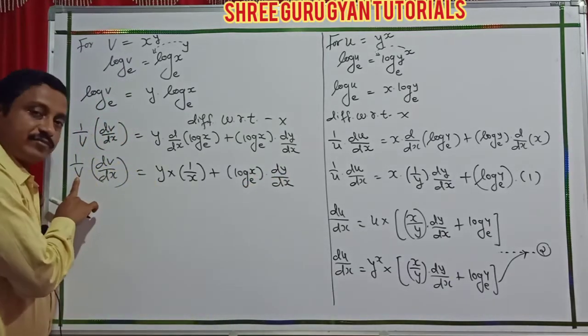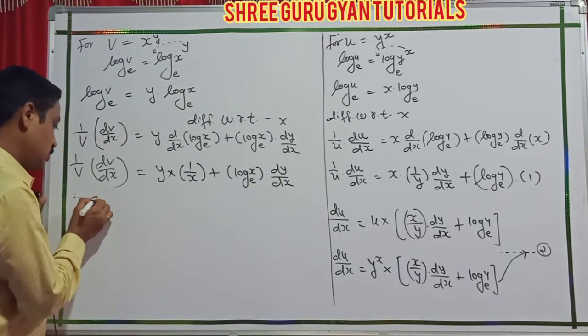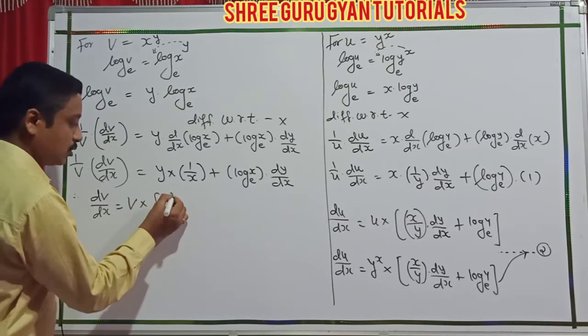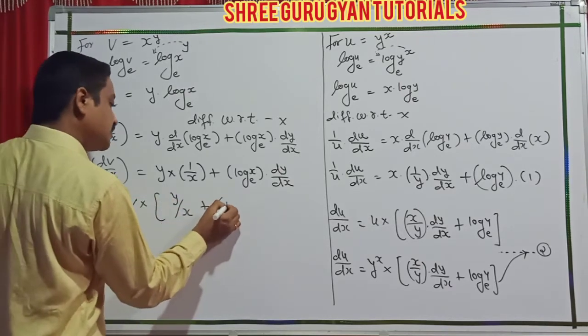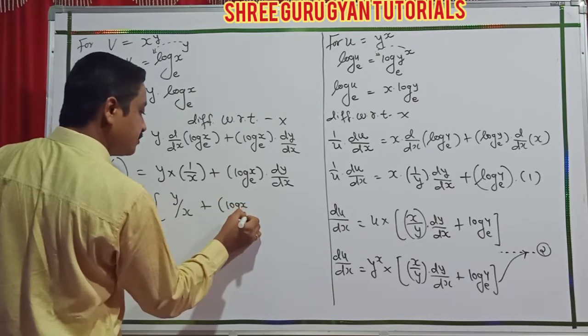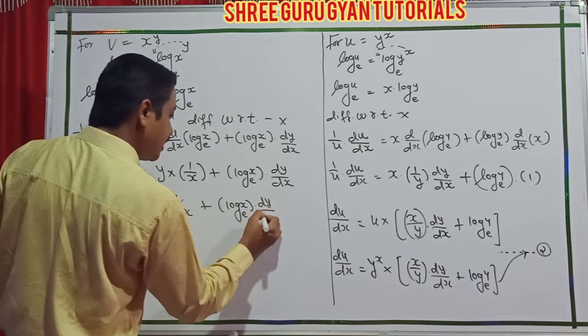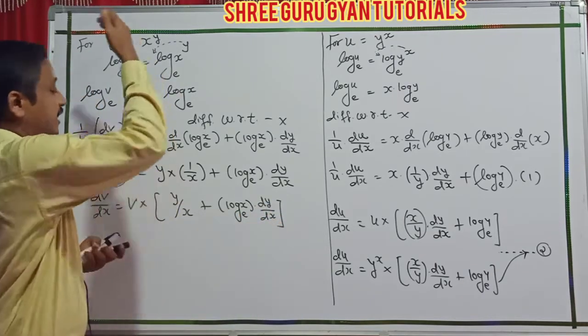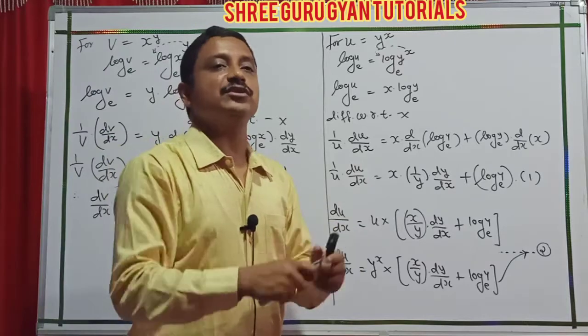Now this v, multiply upper side, you get dv by dx, v into (y by x plus log x base e into dy by dx). Now finally this v, you already know, is x raised to y. So students, the value is applied.